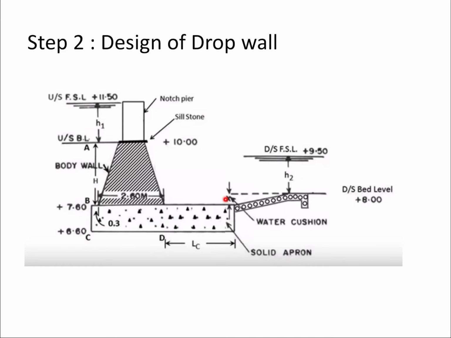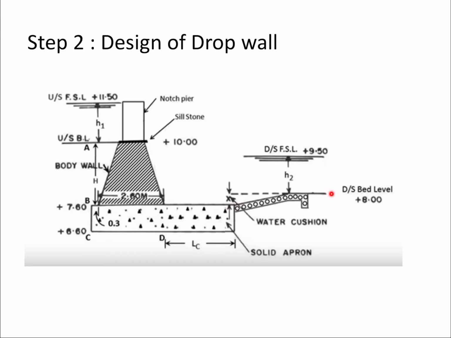Okay, so here this is the x value, this is the full supply depth of downstream, and the full supply depth of upstream. We want to find this height value. To find that, we should know the upstream bed level and the top level of the apron. To find the top level of the apron, we had to find the x value.